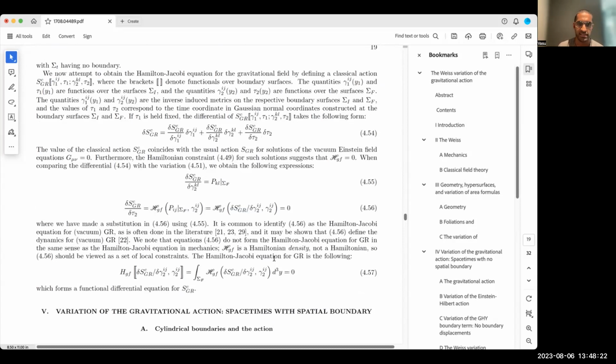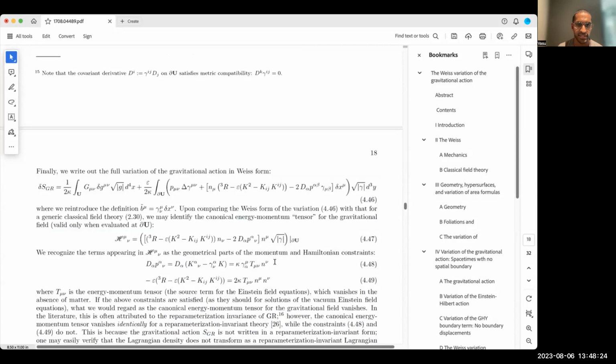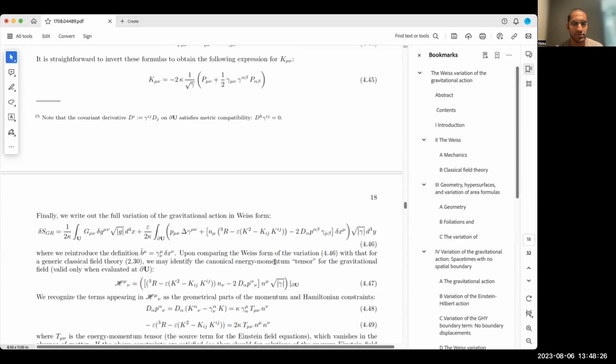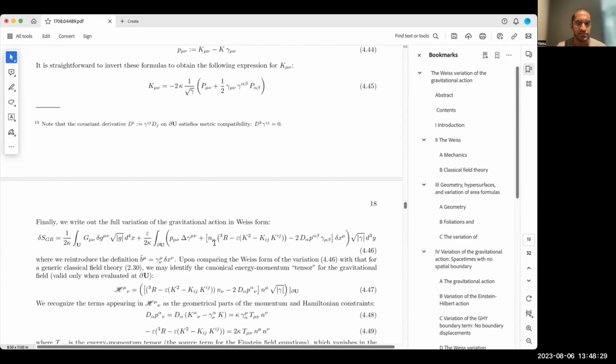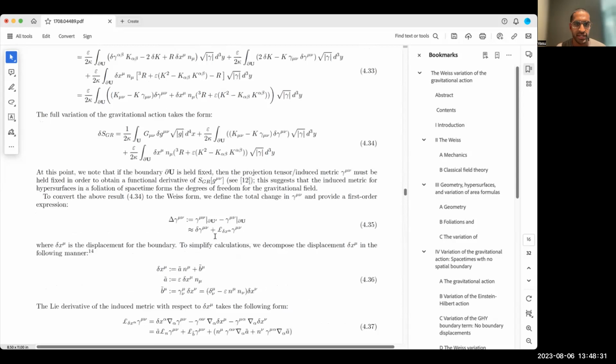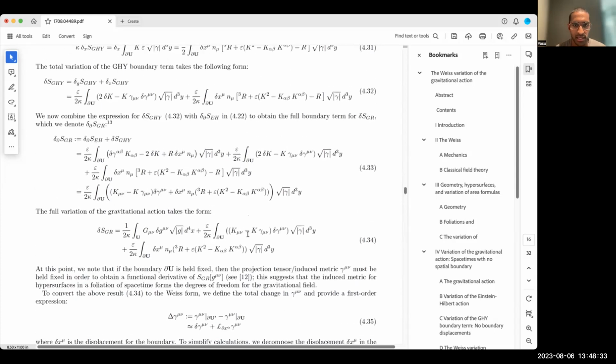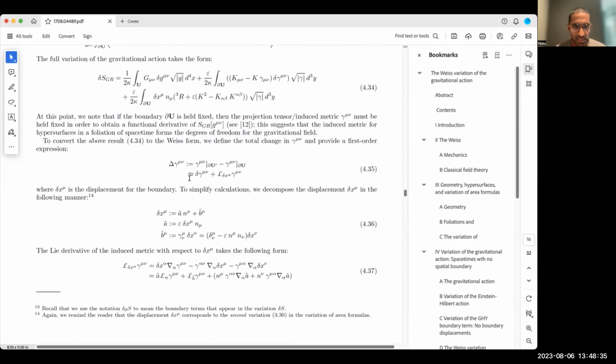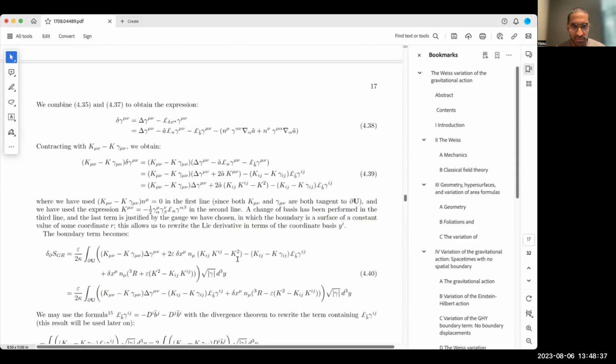So I thought that was a very neat way of getting everything to come out. Basically, from knowing how, in addition to varying the fields, you also vary the boundary, right? So you have the terms here that know about this delta x.